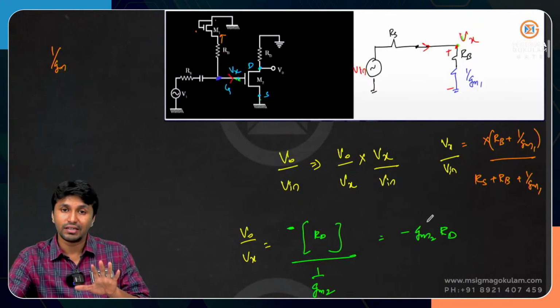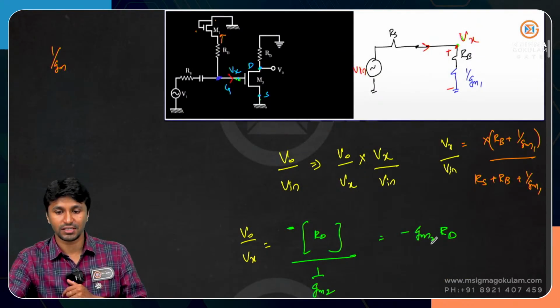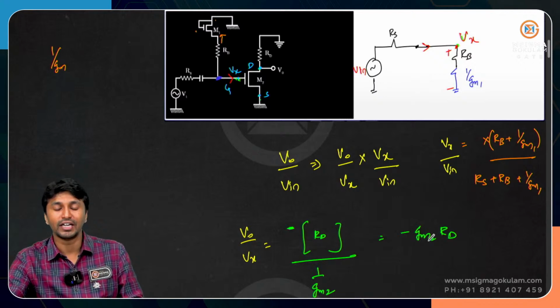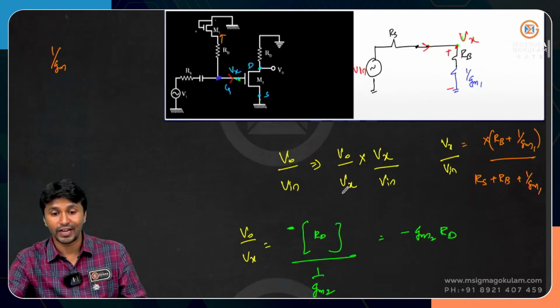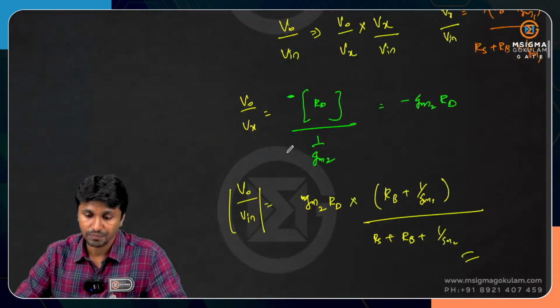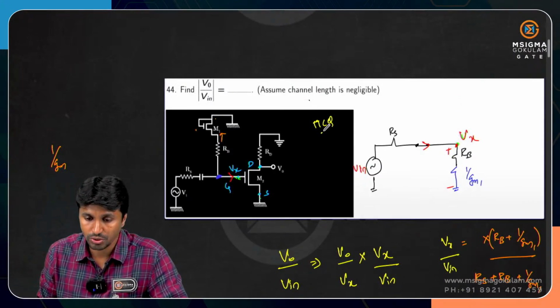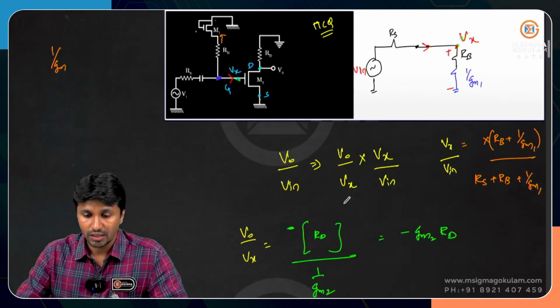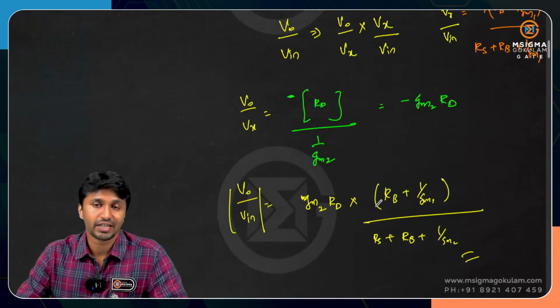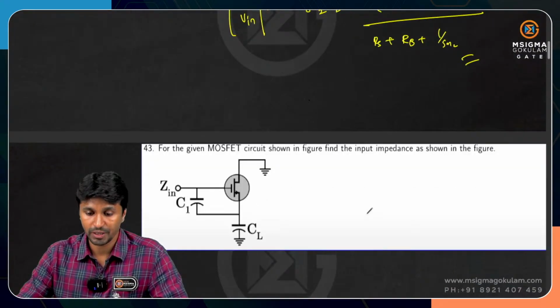This is what we have learnt in the class, so students who have attended my class will find this problem very simple. This is a 2-mark MCQ, the options are given to you, so this is the correct answer. This is how you solve this particular problem.